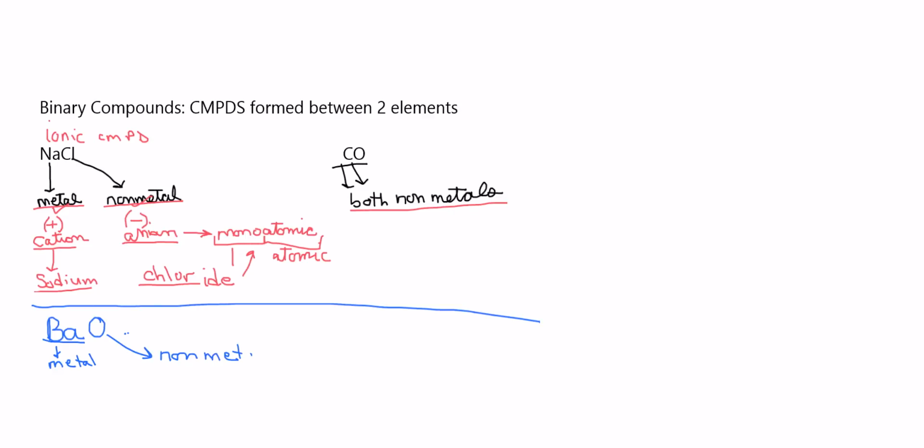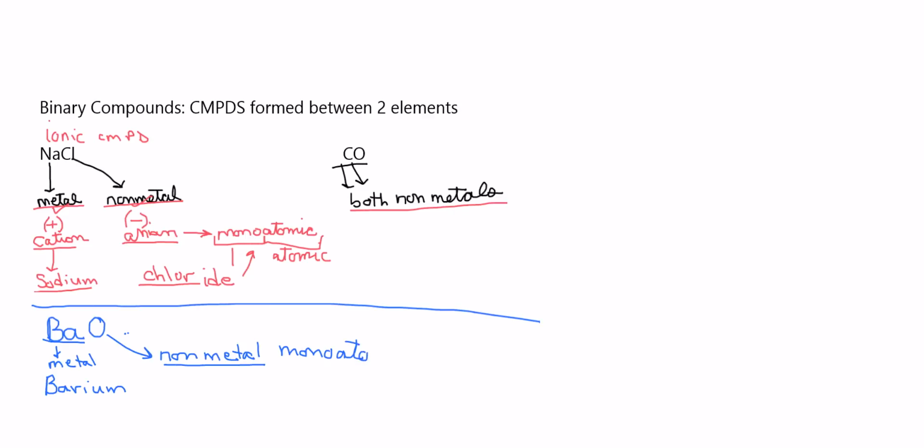In order to name this, our metal name is the unaltered elemental name, barium. And our nonmetal is monoatomic in this case, meaning it's only made up of one atom.